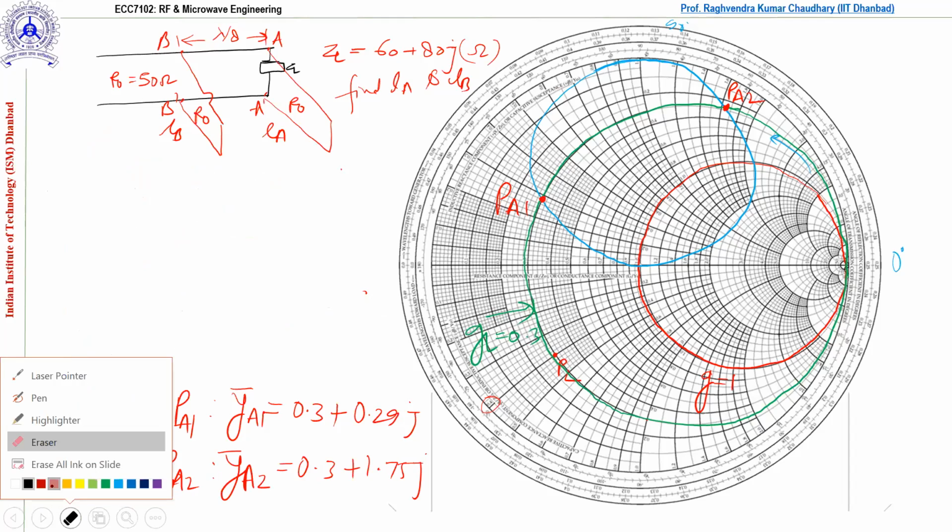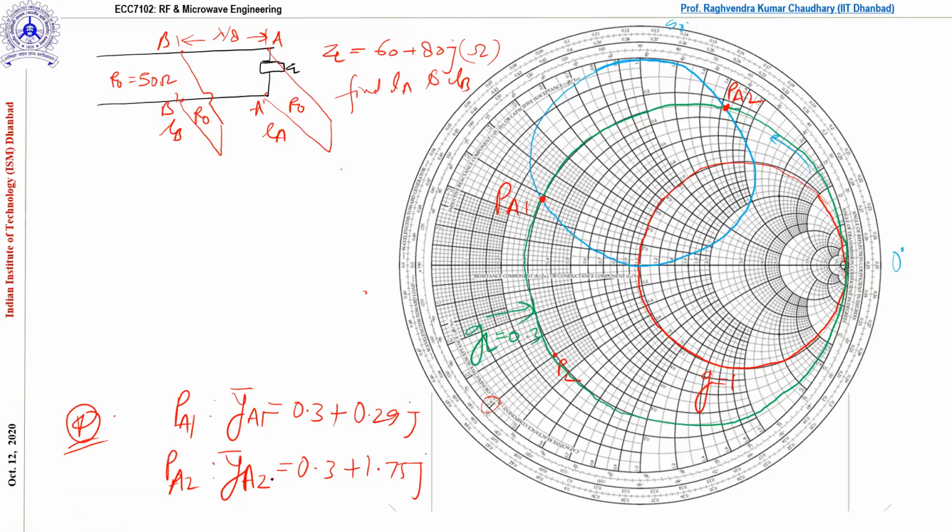Fine. Now, what is the next step actually? Now these 2 points represent YA1 and YA2 normalized. Why are these YA1 and YA2? Because this is on the rotated circle, and this rotated circle came from the G equal to 1 circle.